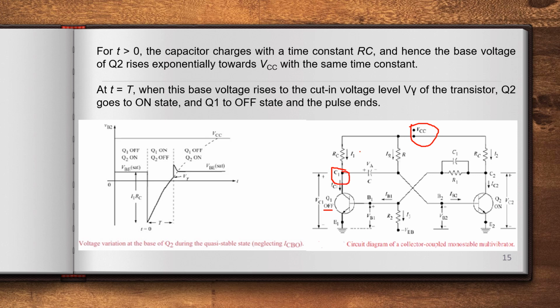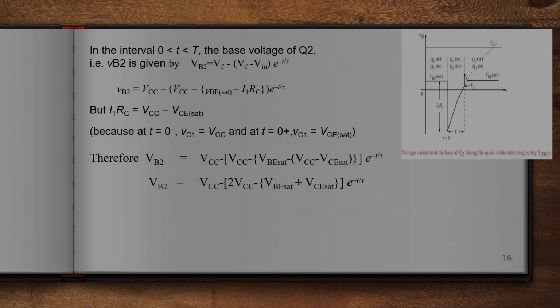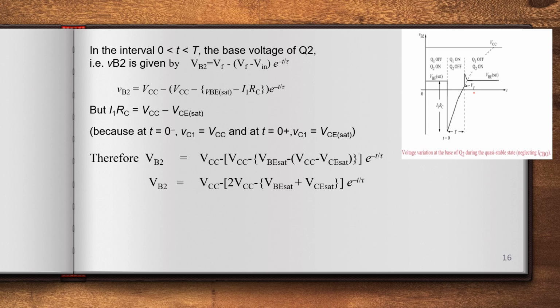Why? Because no current flows when the transistor is off. So VC1 equals VCC at t equals 0 minus, when Q1 is off. And at t equals capital T, VB2 equals how much?